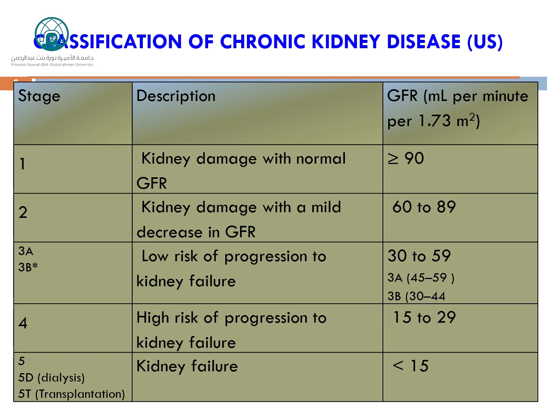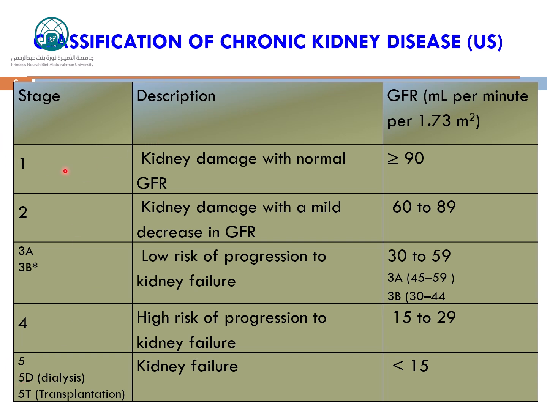So the classification of chronic kidney disease in the United States standards will be according to this table. The chronic kidney disease could be classified into stage 1, stage 2, stage 3, which is subdivided into stage 3A and 3B, stage 4 and stage 5, which will be subdivided into 5D and 5T.